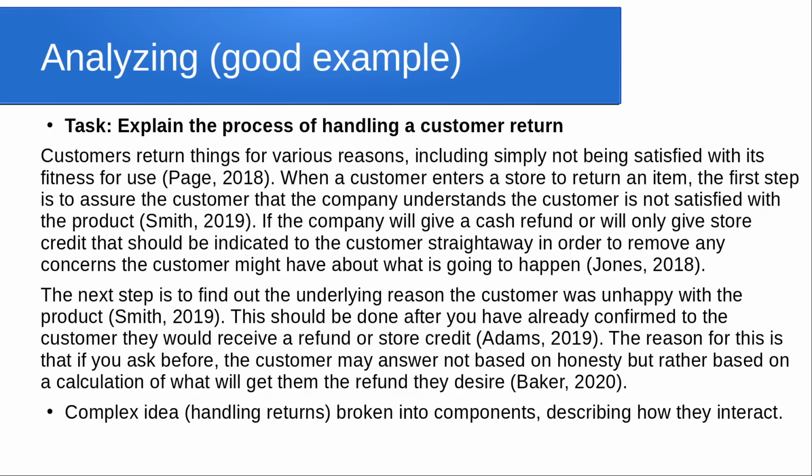Baker, 2020. Now, in this case, we have a complex idea of handling customer returns, and we've broken that complex idea into component pieces, and we have described how those components interact with each other. So when we're talking about analyzing, this is what we are talking about.